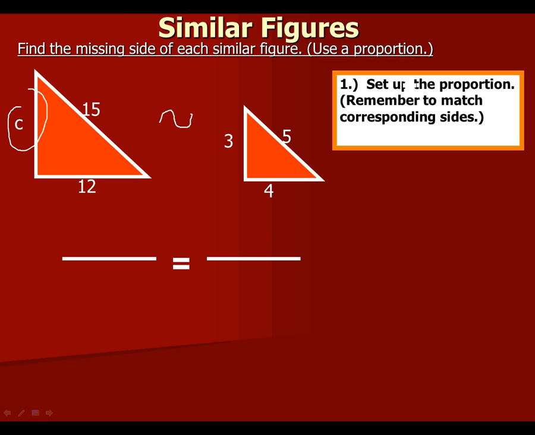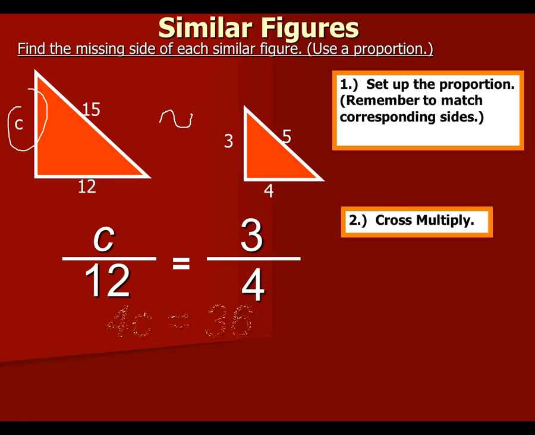So set up a proportion. I usually tell everyone to write some empty blanks with an equal sign in there. Those are going to be your ratios eventually. Start with C. C corresponds with 3. On the big triangle, I'm going to use 12, and 12 corresponds with 4. And there you have it.